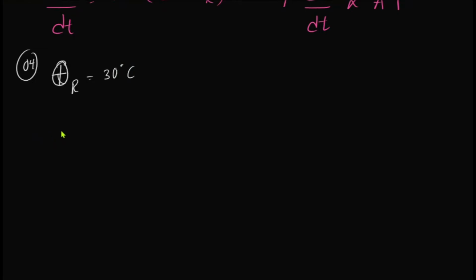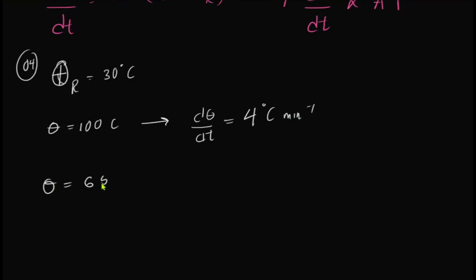The cooling rate at θ equals 100 degrees Celsius, the cooling rate meaning dθ/dt, is 4 degrees per minute, right? They are asking what is the cooling rate when the temperature is 65 degrees Celsius.